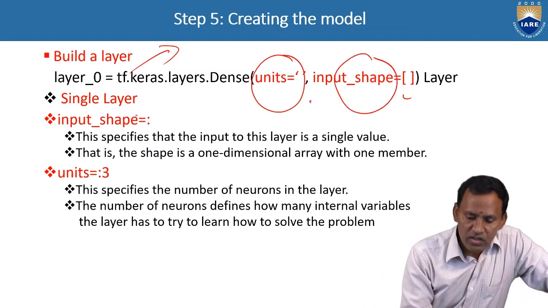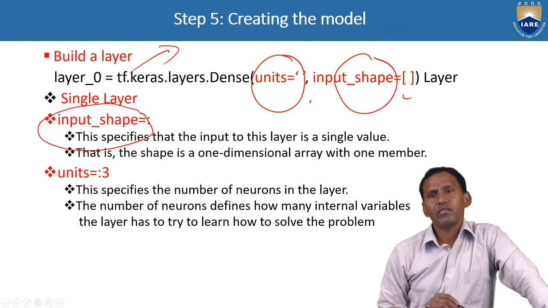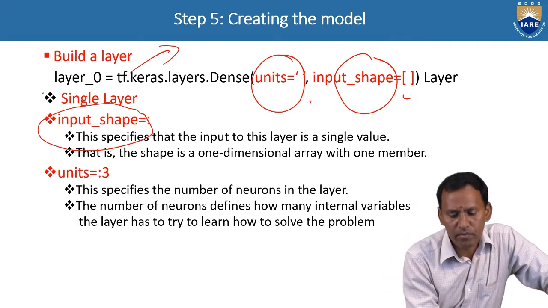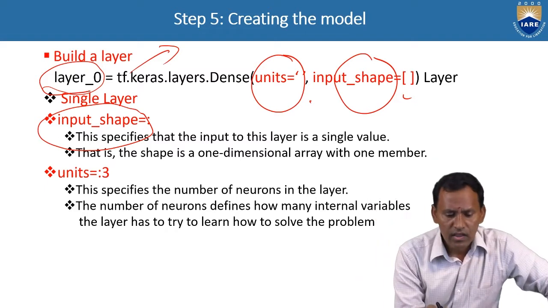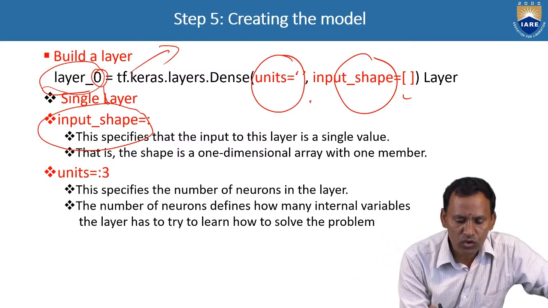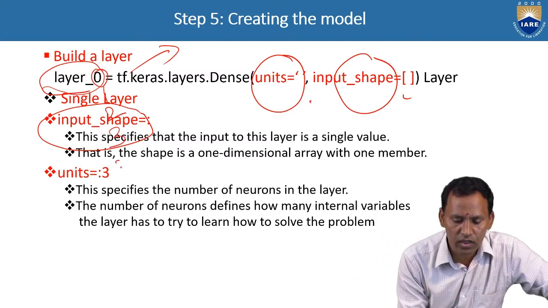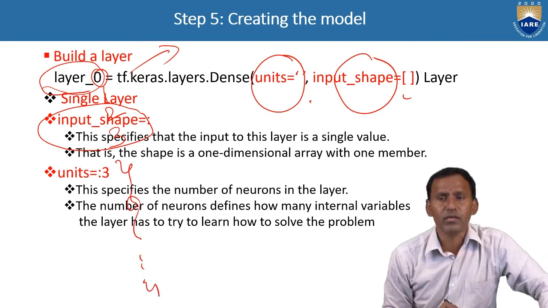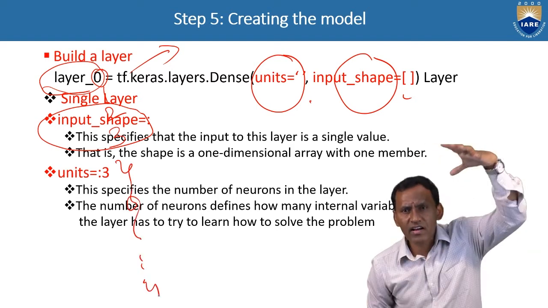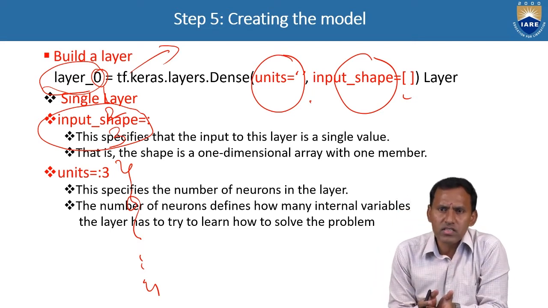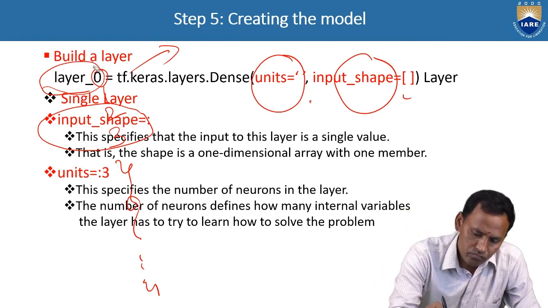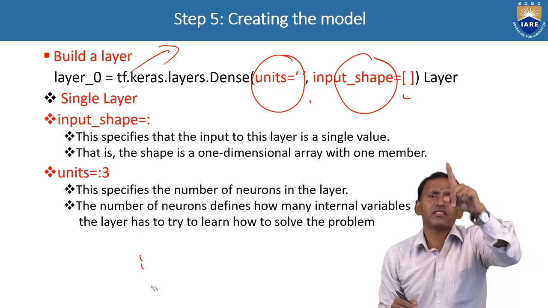Now what about the units and the shape? I'm using only one layer because I'm creating only one layer. If you want to create multiple layers, you can have layer_0, layer_1, layer_2, layer_3, and so on up to n. But as per my example, I am developing a model with a single layer.